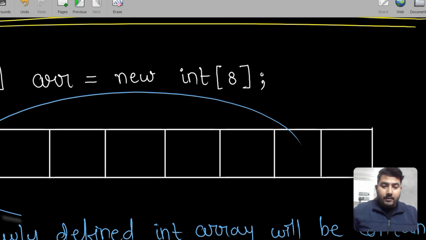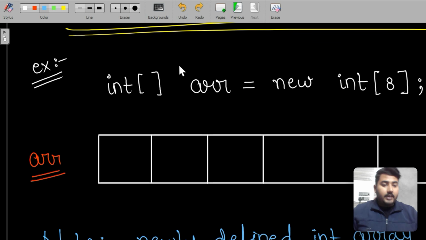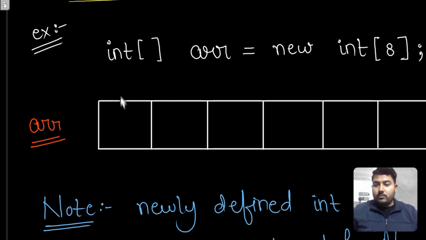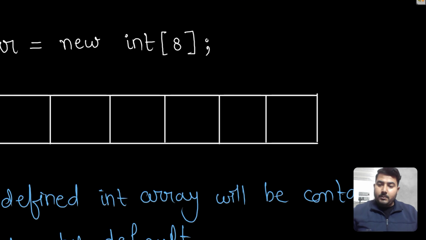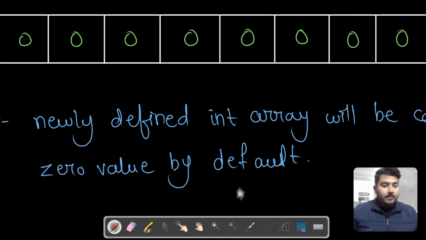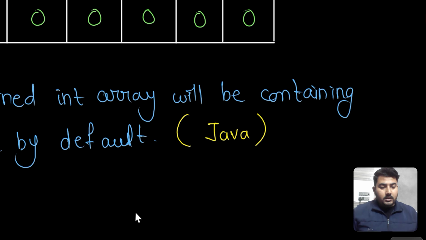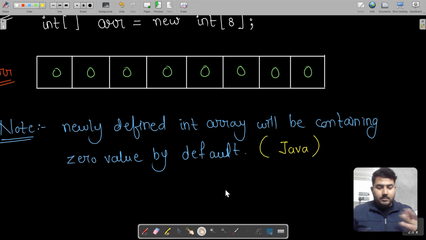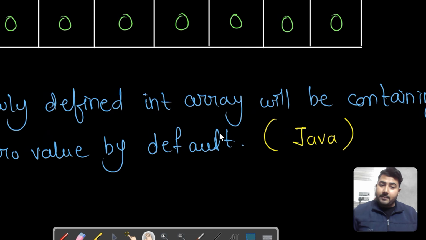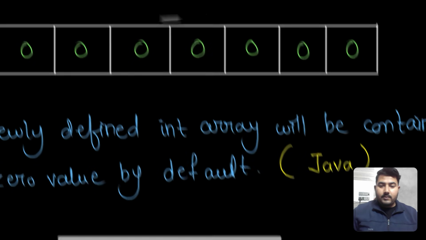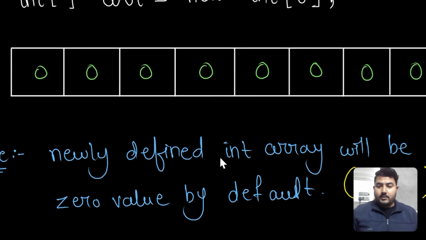That means because I haven't mentioned any number inside these indexes as of now, right now by default it will be containing number 0 in all the indexes, in all the places. And that is true for Java language only. That means if you go to other languages, there are other rules to get the default values. Like in C++, there are garbage values. In Java, there is zero value, which is going to be there by default. So by this line, we have created this array. Done.